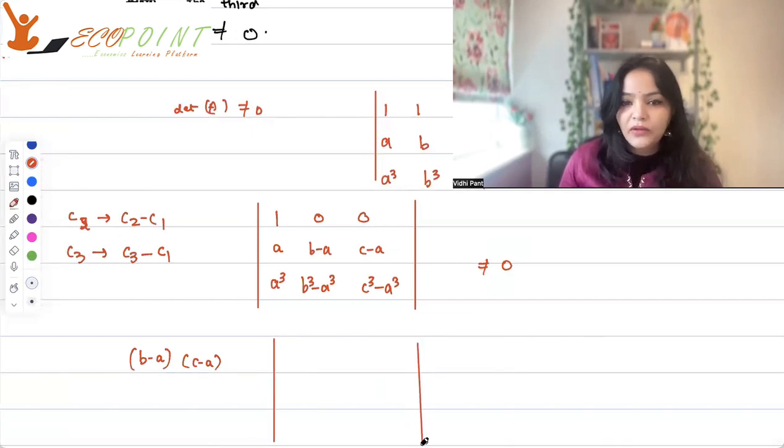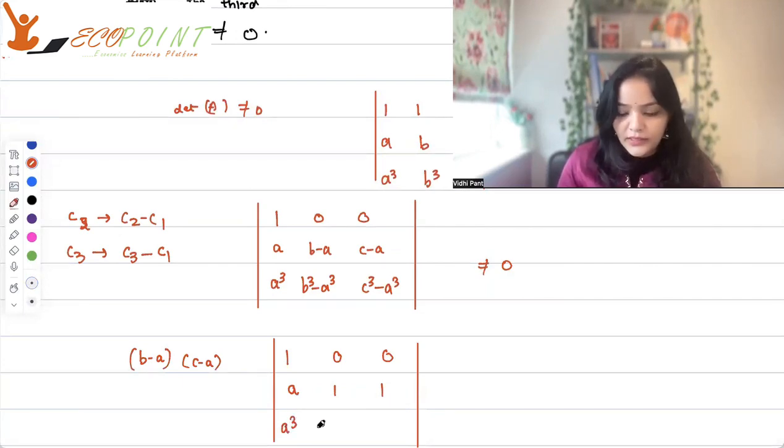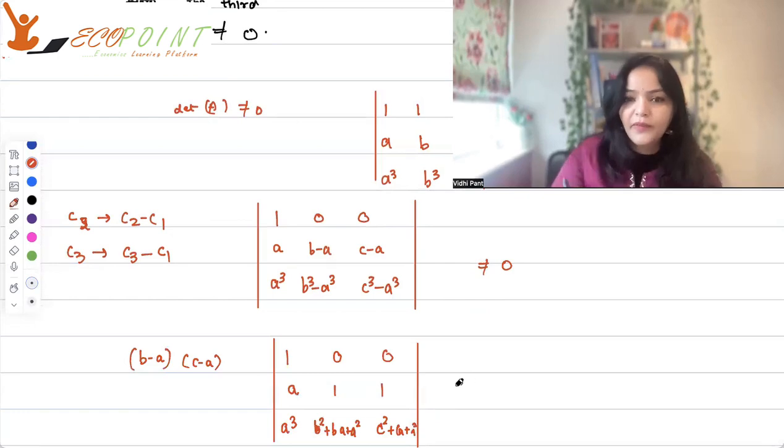And the second and third column will be left out as 1, 0, 0, a, 1, 1. And here you will be left with a cube, and b square plus ba plus a square, and here c square plus ca plus a square, right? This should not be equal to 0.